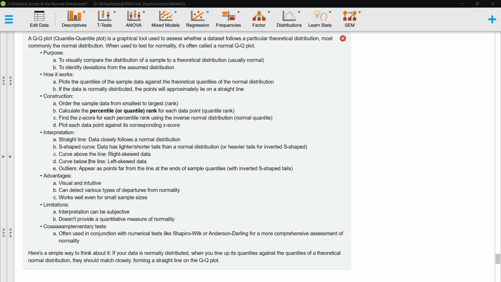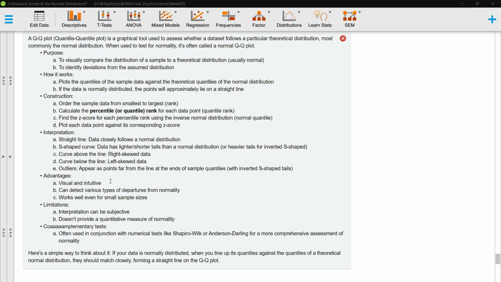A curve below the line indicates left skewed data. And if there are outliers, they appear as points far from the line at the ends of the sample quantiles, with inverted S-shaped tails.